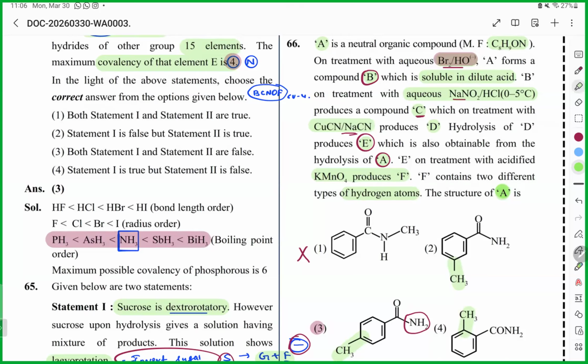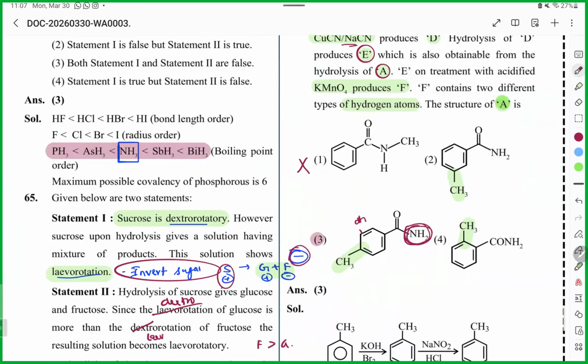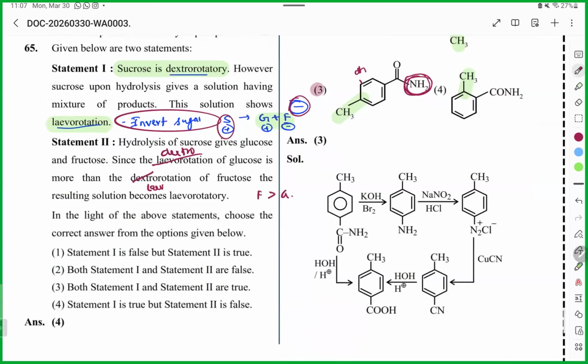So there is one type of hydrogen atom here in this position, and you have hydrogen atom at this position. So it is common, by the way, everywhere. It's just that para is more stable. Understood? Para is more stable. See, Hofmann bromamide degradation reaction, diazonium salt.